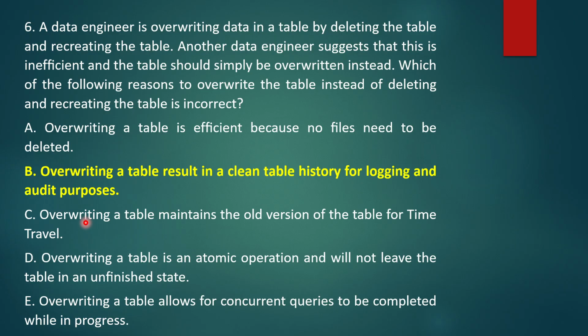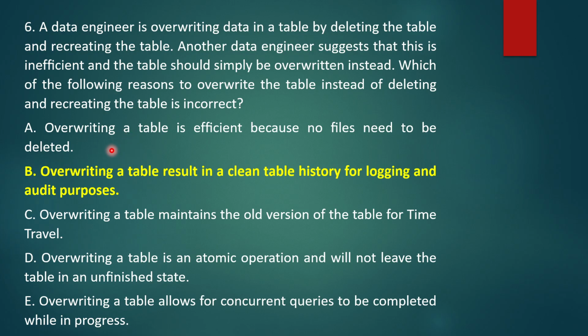A data engineer is overwriting data in a table by deleting the table and recreating it. Another data engineer suggests that this is inefficient and the table should simply be overwritten instead. Which of the following reasons to overwrite the table instead of deleting and recreating it is incorrect? So we should find the incorrect statement among the options.